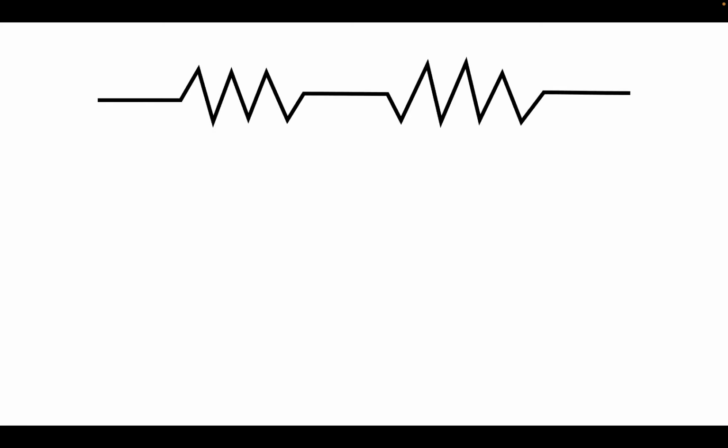Now, in order to understand how resistance works, we're actually going to bring in some concepts from your college physics class. So let's just say you have two resistors in series. We have this circuit here and you have these two resistors in series, so one resistor after the other. Let's just say that each of these resistors has a specific resistance. Resistor 1 has a resistance of 4 ohms and resistor 2 has a resistance of 5 ohms.